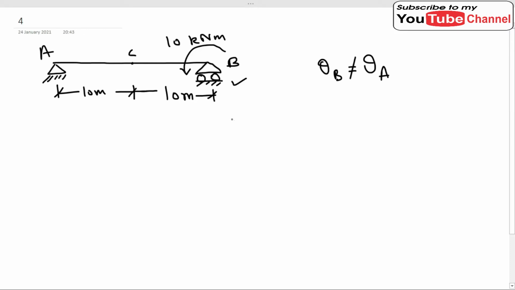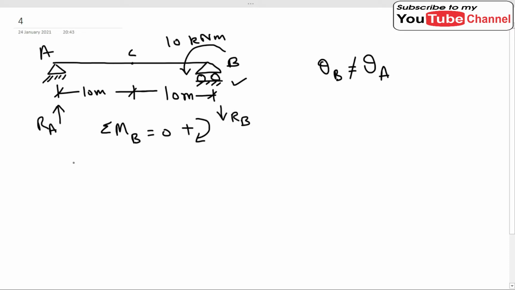So we will apply the equation sigma M at B is equal to 0, and we will take the clockwise direction as positive. Now there will be a reaction RA and a reaction RB. We take the direction of RA like this and the direction of RB like this.